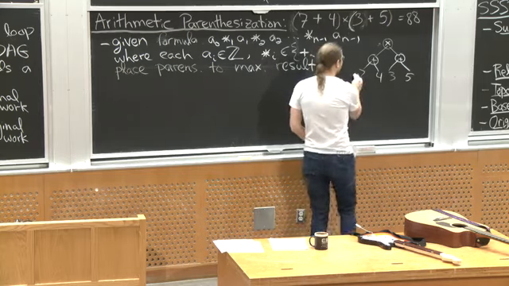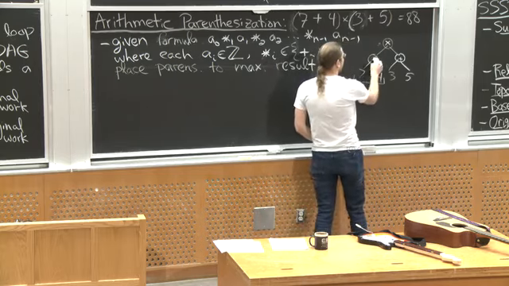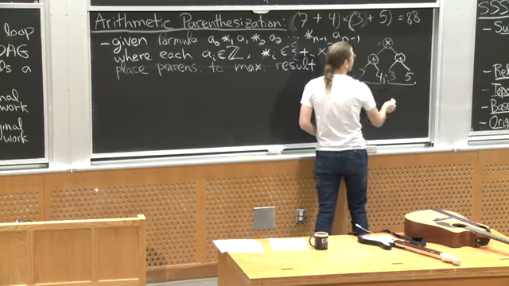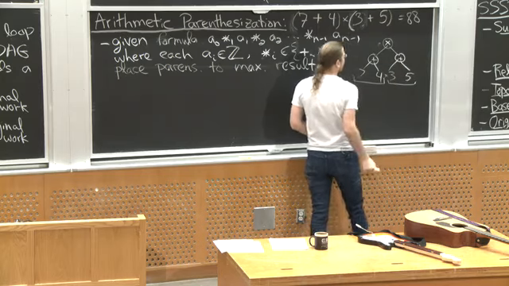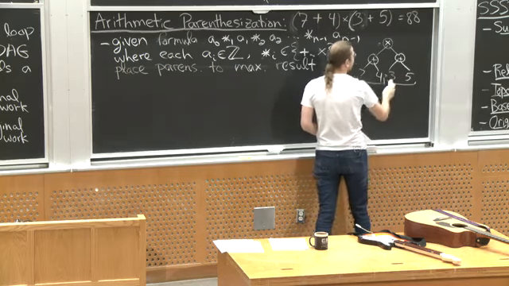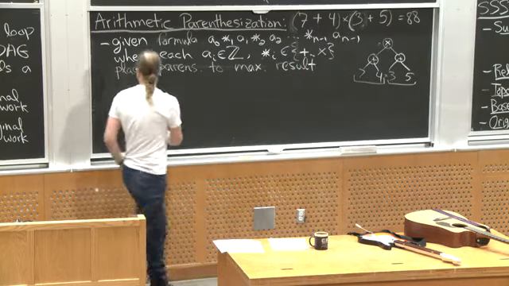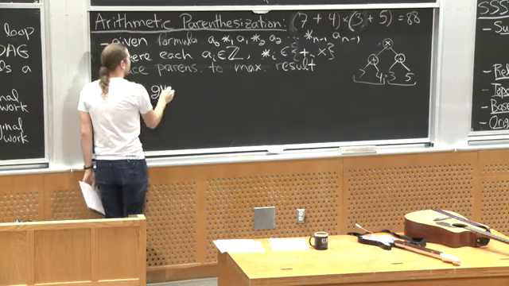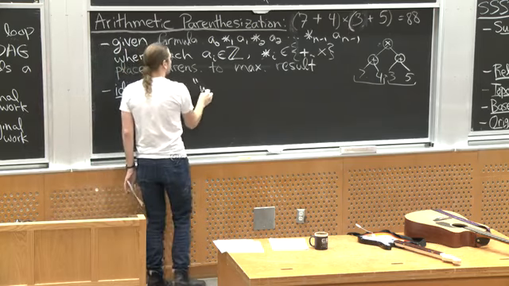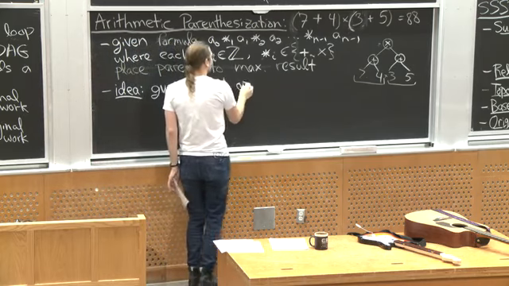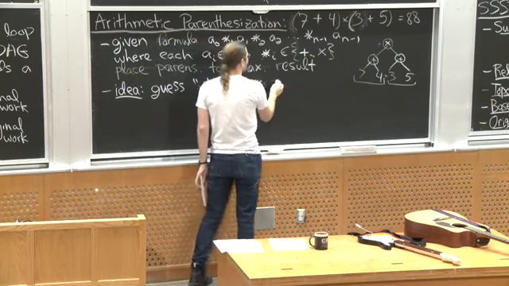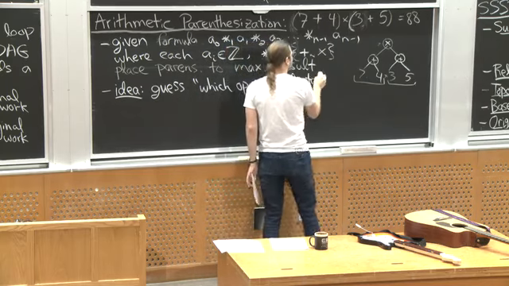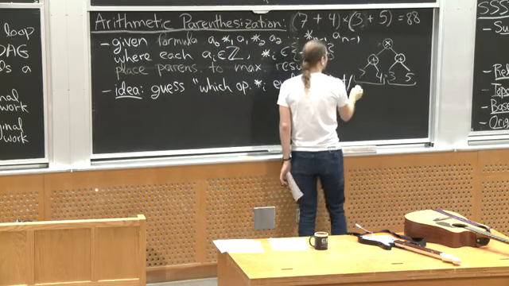We kind of know this. This node corresponds to everything left of this operator. And this subtree corresponds to everything to the right of the operator. So this is our idea: we're going to guess which operation, star i, is evaluated last, or in other words, at the root.